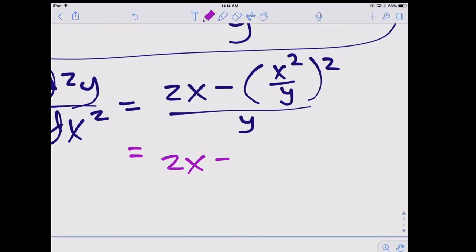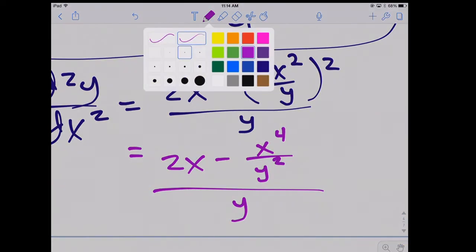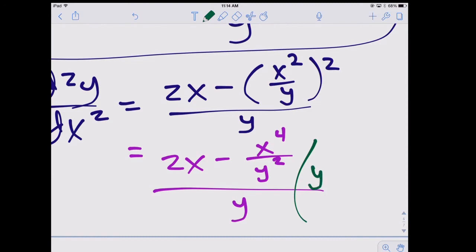If I square the quantity, I get x to the fourth over y squared, all over y, and that's a complex fraction. So you can either stay, change, flip, and distribute, or do what we've been doing all along, multiply by LCM over LCM. Maybe keeping that over 1. It's a nice way to clean that up.